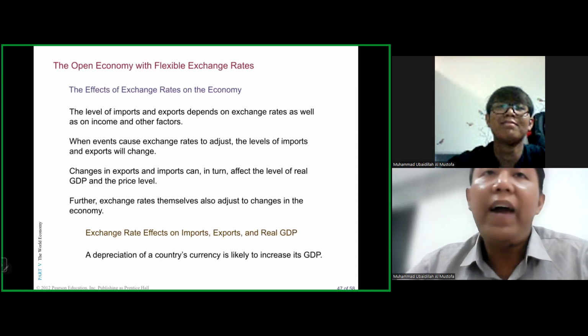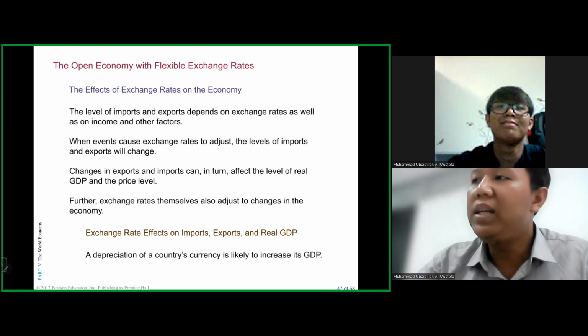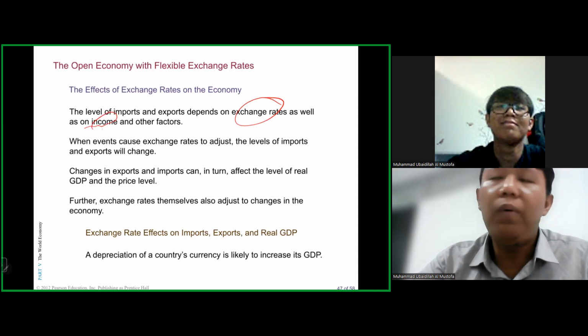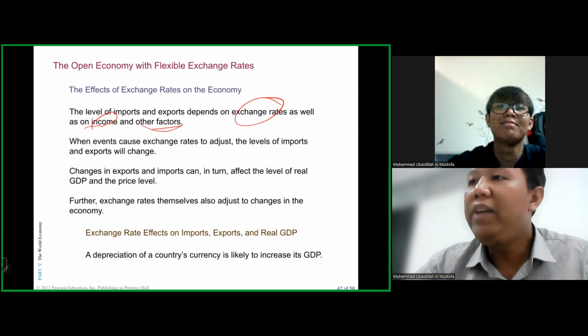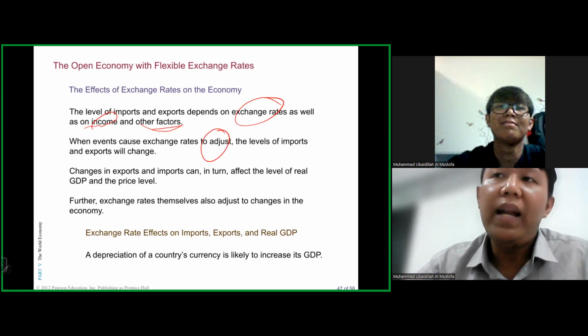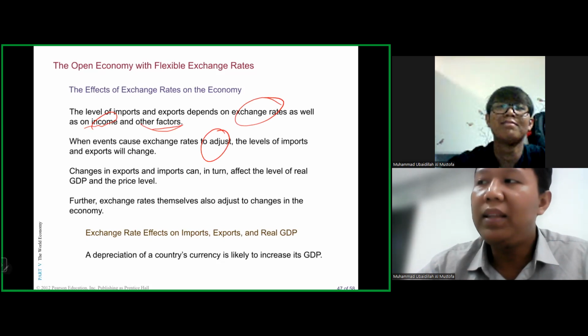So the effect of exchange rate on the economy. The level of import and export depends on the exchange rate as well as our income and other factors. When events cause the exchange rate to adjust, the level of import and export will change. Changes in exports and imports can in turn affect the level of real GDP and the price level.